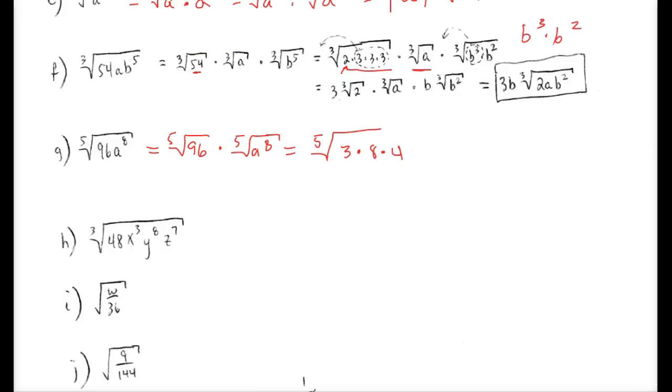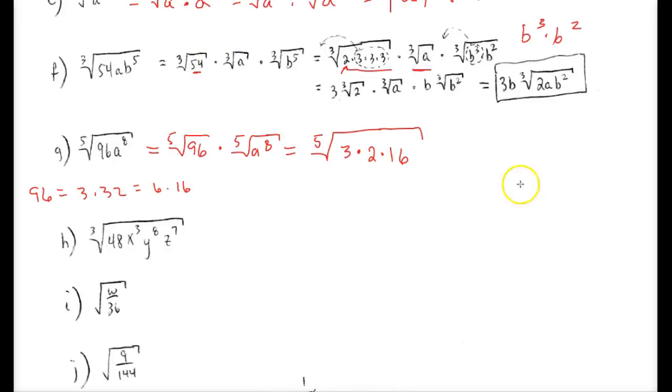And actually, a better way to do this is we know that 32 is 16 times 2. So we'll just say this. So 96 is basically 3 times 32, or another way, 6 times 16.